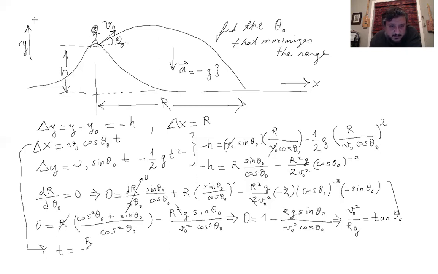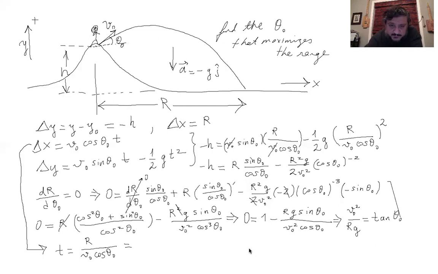R divided by v naught cosine theta naught, okay? So what am I going to do now? I'm going to replace r with what I have here.